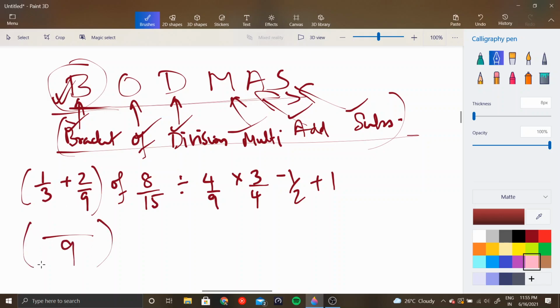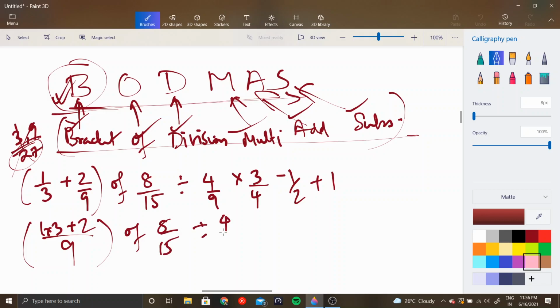Right? So this is a common mistake. 3 and 9, you just multiply to get 27. You can do this, but you need to reduce the term. Just find the LCM properly and then do it. So 3 and 9, the LCM is 9. So 1 into 3 plus 2. Correct? Of 8 by 15 divided by 4 by 9 into 3 by 4 minus half plus 1.